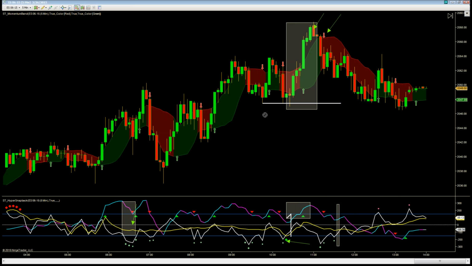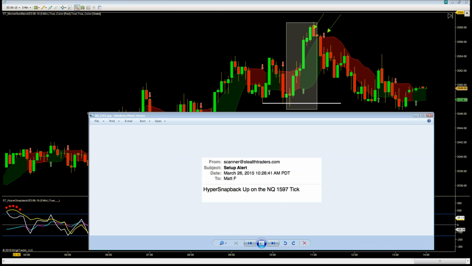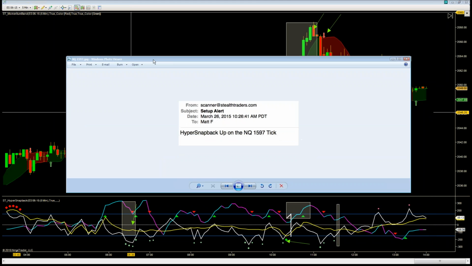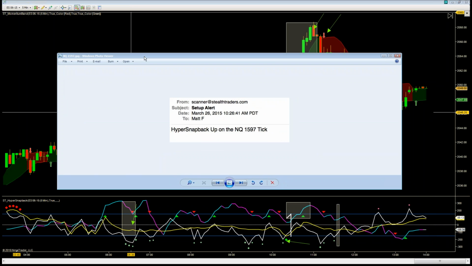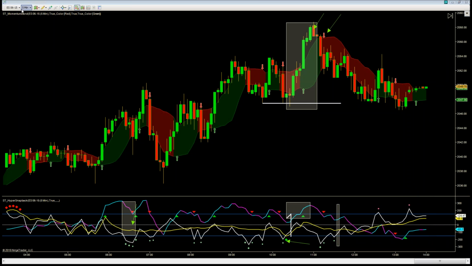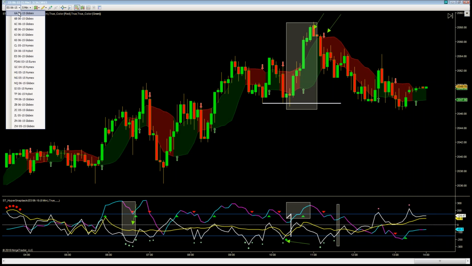The Stealth Scanner scans 20 different futures instruments. We have a list on the website. If you click on the Stealth Scanner section of the website, some currencies, indices, energies, and it scans them, each instrument, on 8 different time frames.